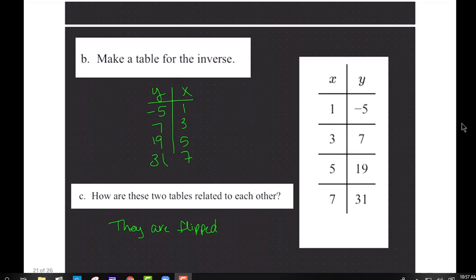When I look at the table and try to figure out my equation, I'm going up by 2's. So I know that my common difference is 2, but these are going up by 12, right?